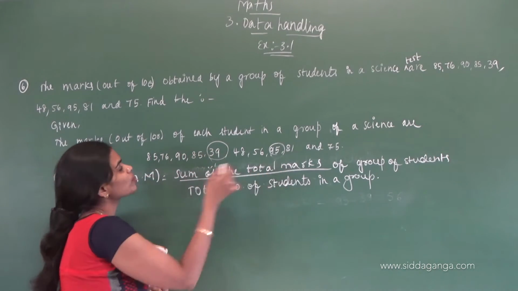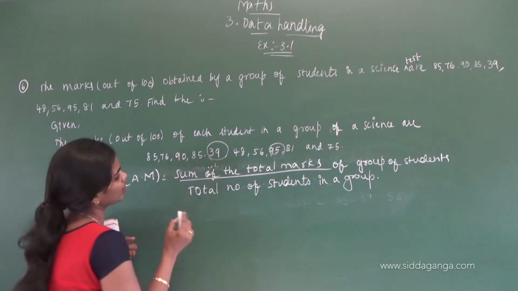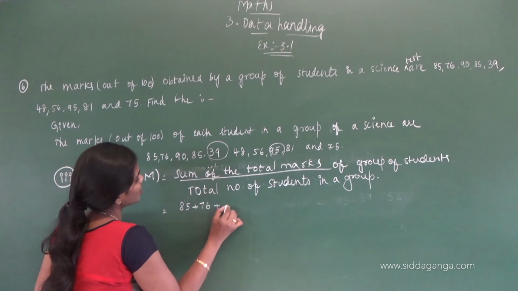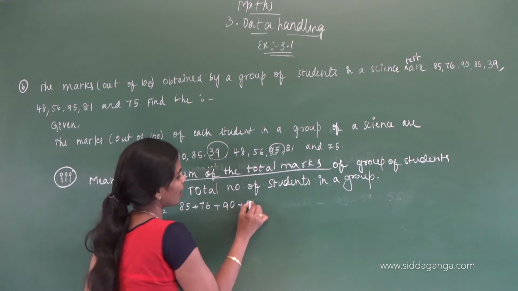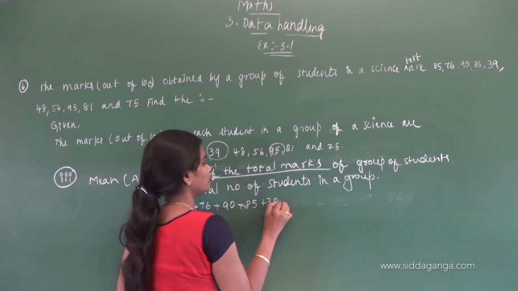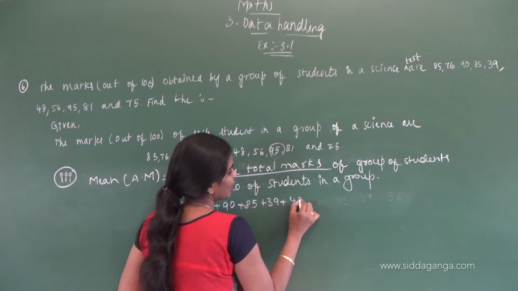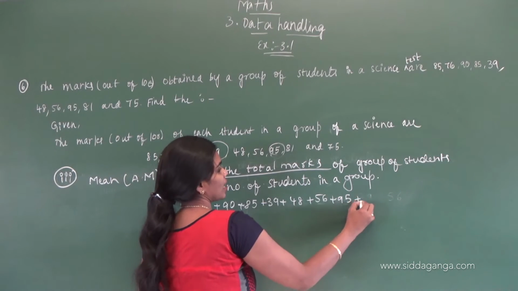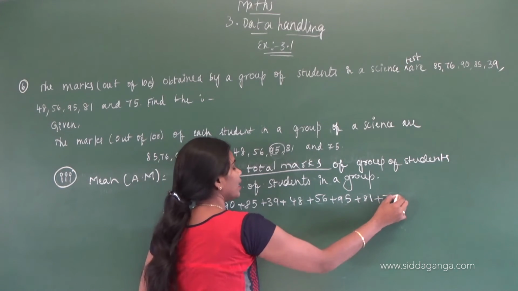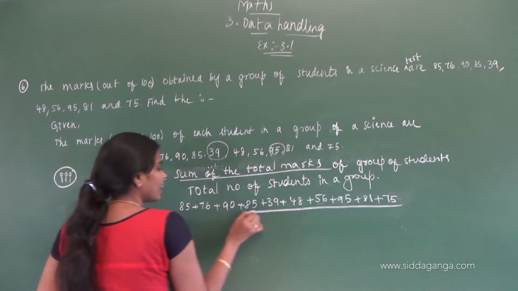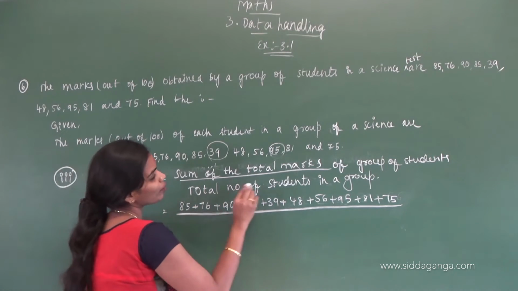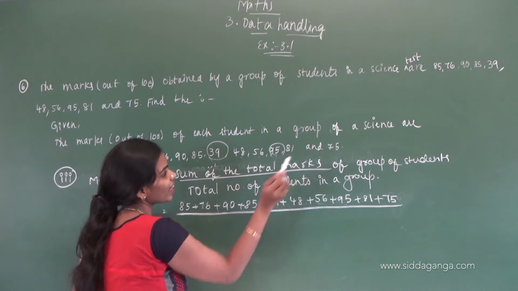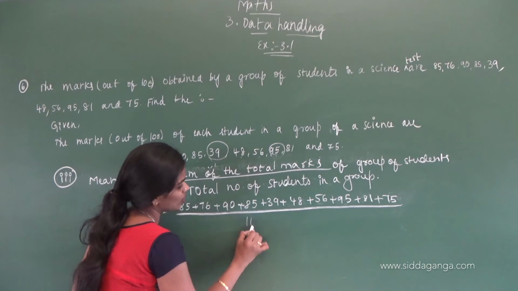Sum of all observations means we have to add all these: 85 plus 76 plus 90 plus 85 plus 39 plus 48 plus 56 plus 95 plus 81 plus 75 plus 75. The total number of students in the group is 1, 2, 3, 4, 5, 6, 7, 8, 9, 10, so 10 members.